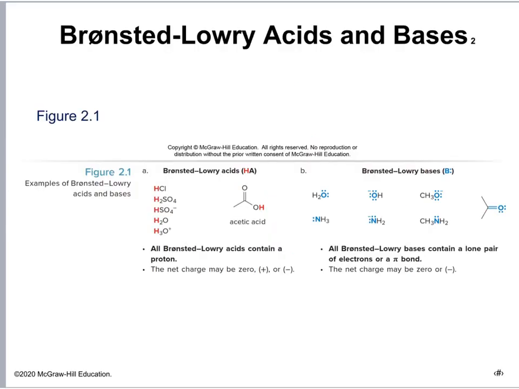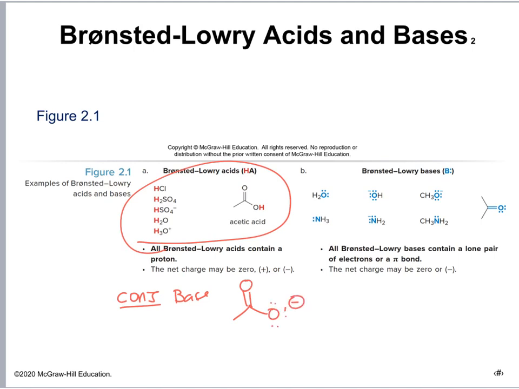Now, so types of Bronsted-Lowry acids and bases. The acids are here. These in red are the protons that are given up. And so a conjugate base of, let's say, acetic acid would be this. Okay, and then it gives up its proton. The conjugate base of H3O plus would be water.